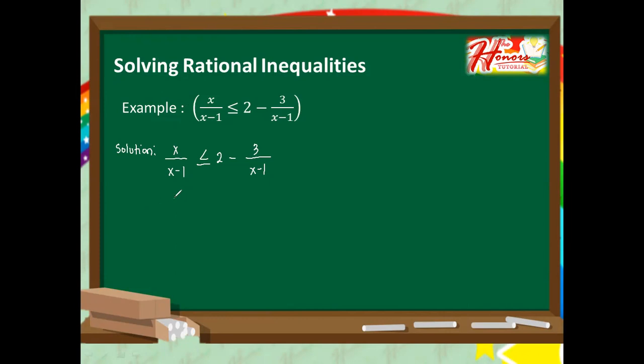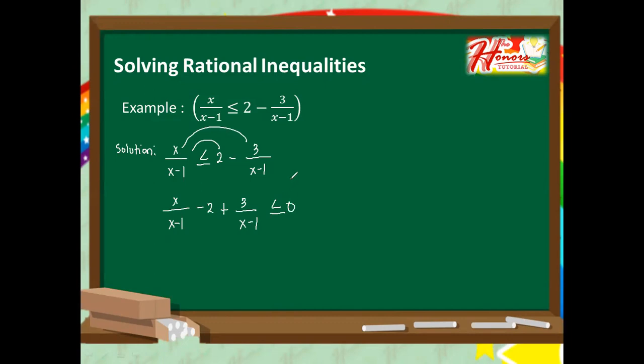So it will become x over x minus 1, then transposing the 2 it will become negative 2, so minus 2. Let's transpose this. Then it will become plus 3 over x minus 1 is less than or equal to 0.